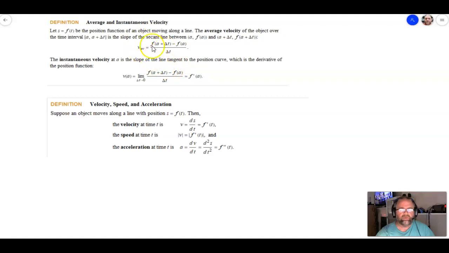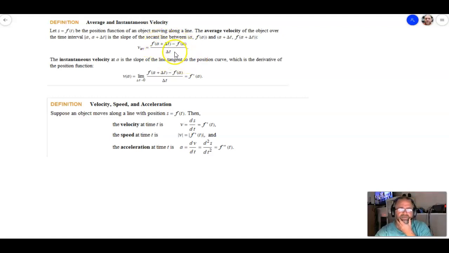This is derivatives as rates of change. We'll see a pretty familiar formula here, where first we define the velocity. It's very similar to finding the slope of the secant line, where we have some point A and then we have the delta t, which is the distance between those independent variables.